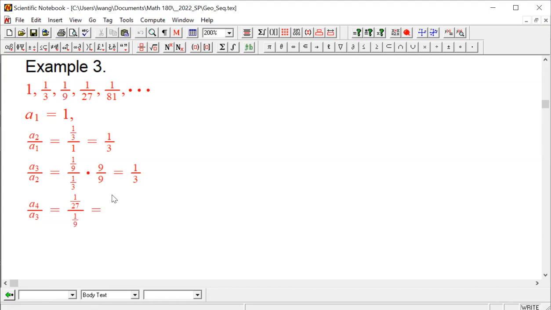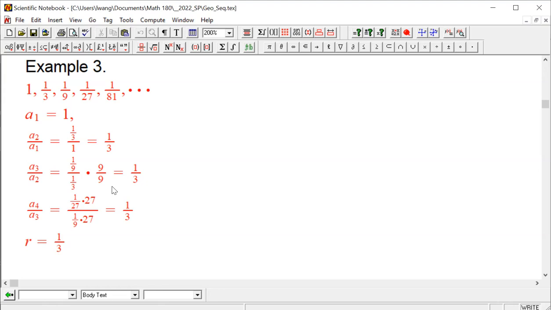We're going to do the same trick, but this time we multiply by 27 on top and 27 on the bottom. So we will get 1/3 again. Of course, we're using principle number 1: anything times 1 stays the same. As we keep going, we realize that R is 1/3.